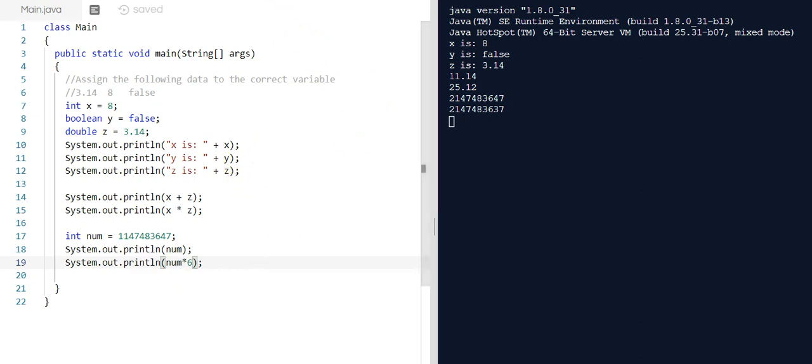And let's see what happens there. And sure enough, when you multiply this number right here by 6, you definitely don't get this number. So you can see, as a programmer, you've got to understand the limitations of what your variables store, and you got to be aware that things can overflow.